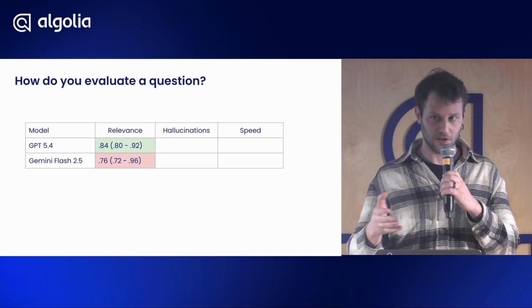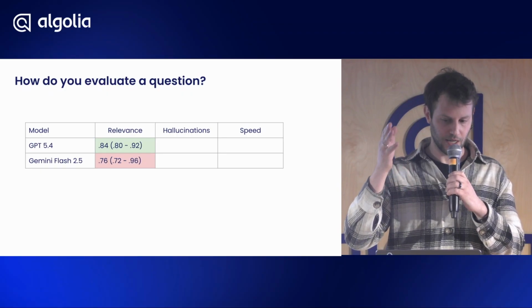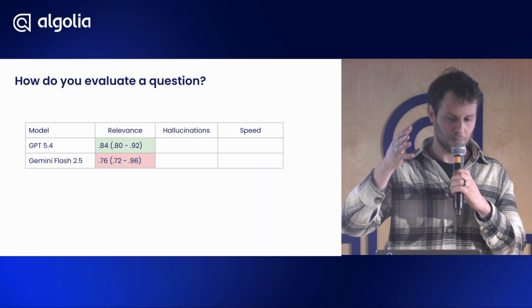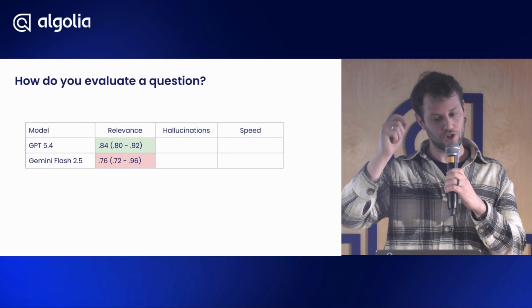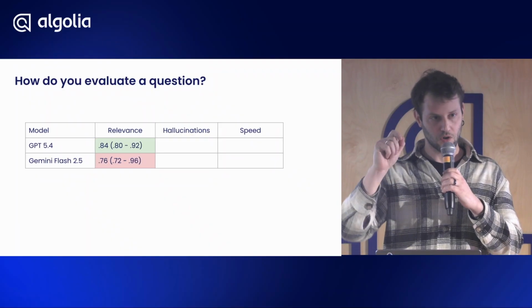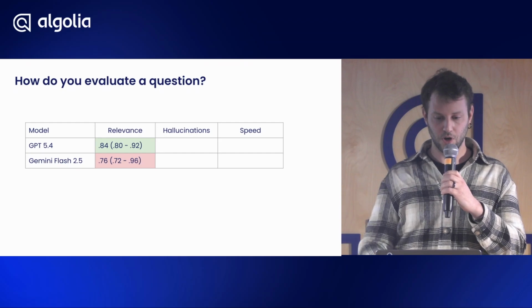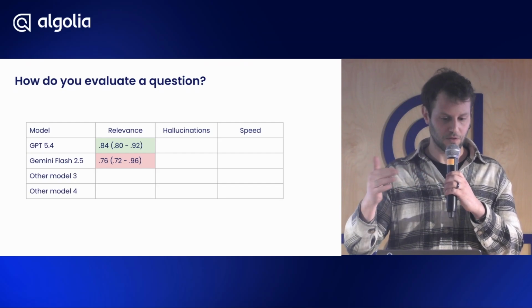But you can then add other criteria and other questions. So you can just add more columns. You can pick a particular criteria, such as, for example, check some detail inside the product, like the price, and then the AI will generate a question about that. You can also look at how quickly the models respond. So you can start measuring more and more things. And you can also start measuring different models.